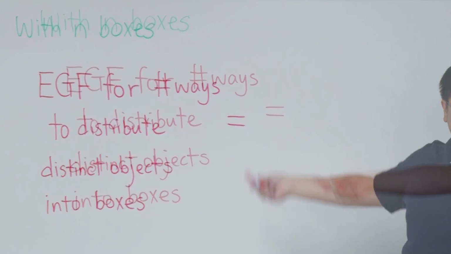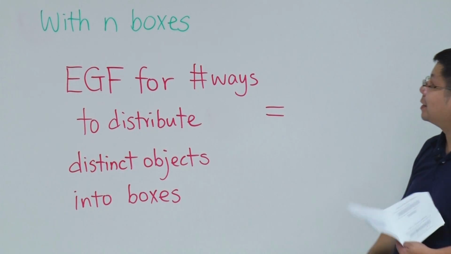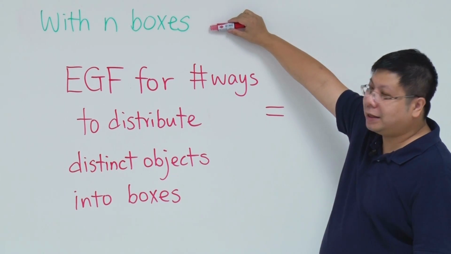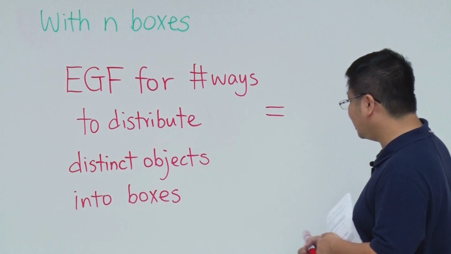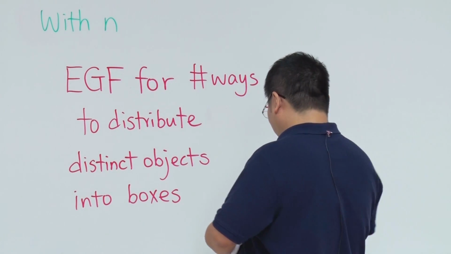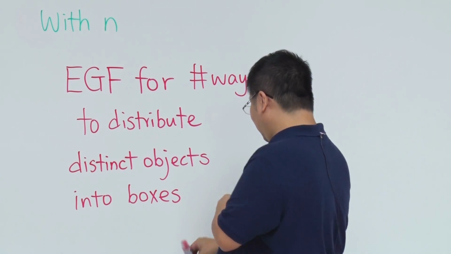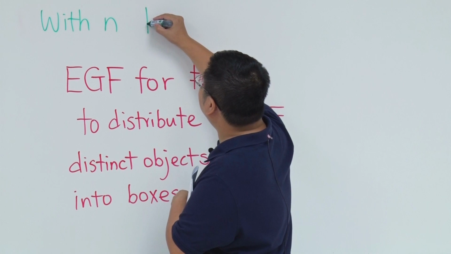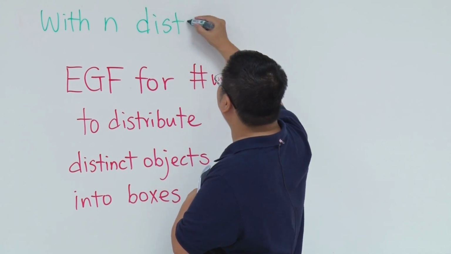Let's get back a little bit to what we have discussed before. Let's get back to the case where we have n distinct boxes.